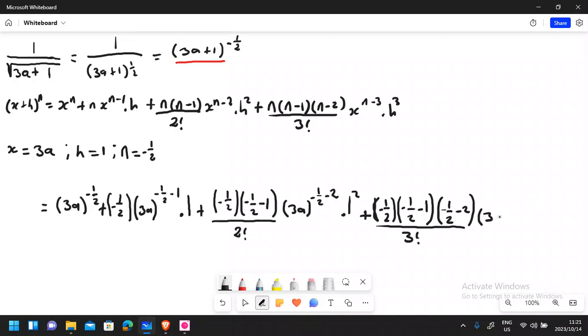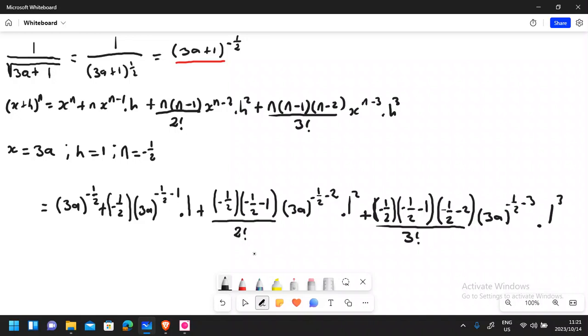Remember, x is 3a to the power of n, which is minus half minus 3. And then h is 1 to the power of 3. So guys, 1 is not that necessary, so you can leave it. As you can see guys, this is how it looks.